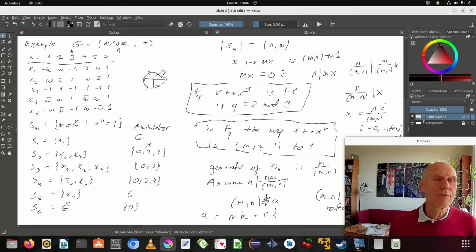The multiplicative group of FQ is equivalent to an additive number group, and here we take F7. And the multiplicative group is isomorphic with the additive group modulo 6. I write up the characters here, and they can be defined by where they map the generator.